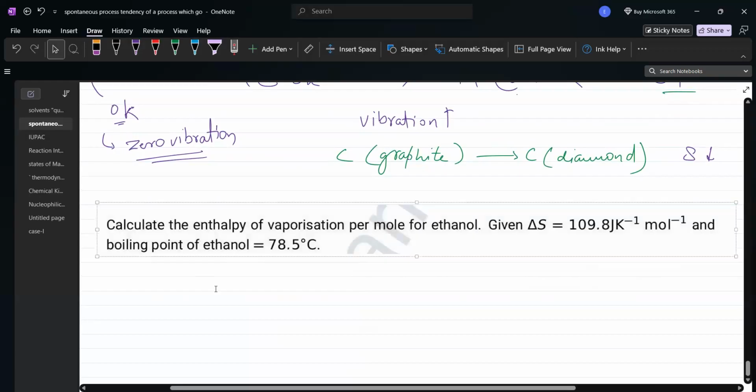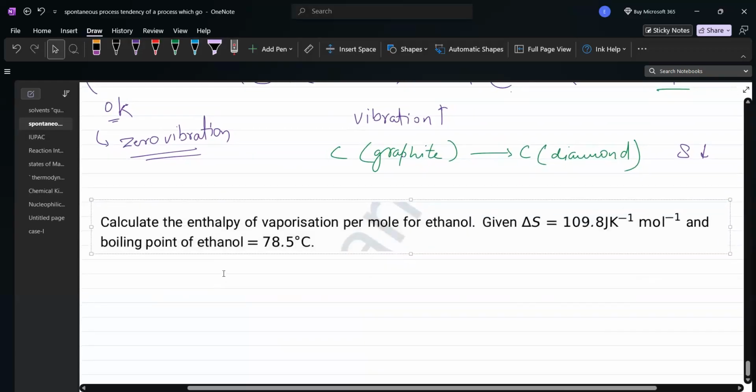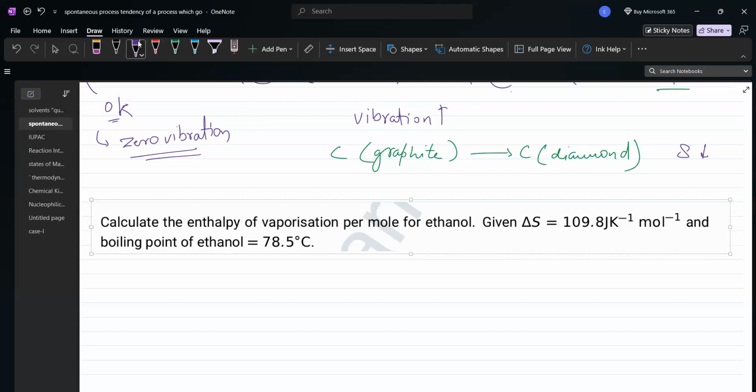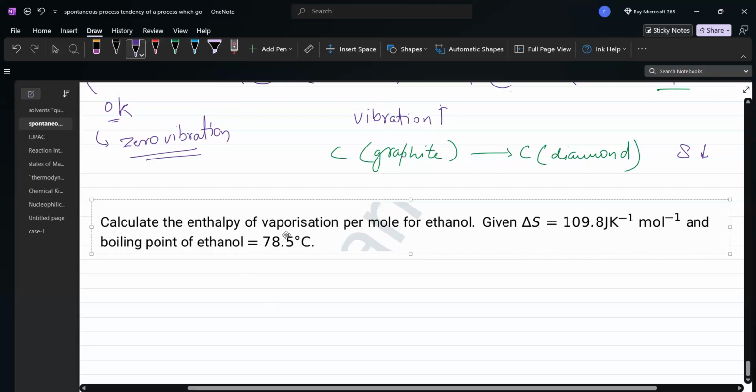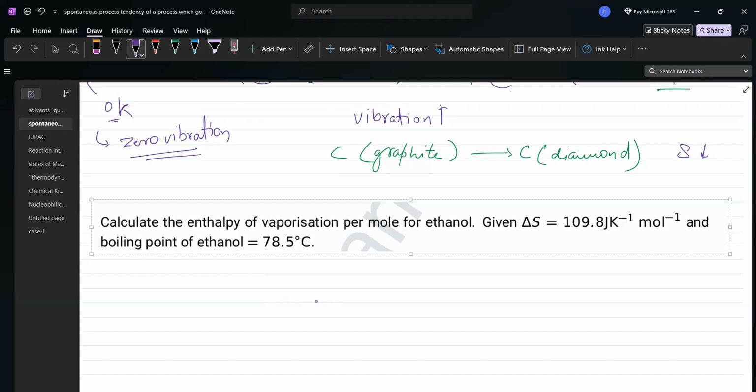So what you have to find is the enthalpy of vaporization, right? Entropy is given, the enthalpy of vaporization is asked, and the boiling point temperature of ethanol is given. So obviously at boiling point only we can find the enthalpy of vaporization by definition.